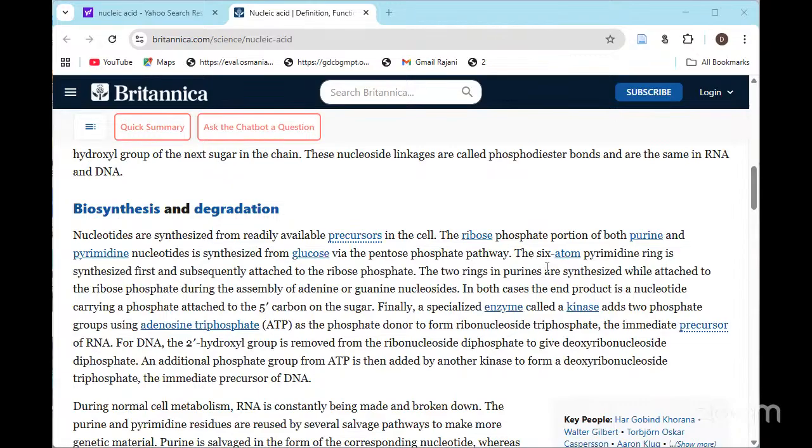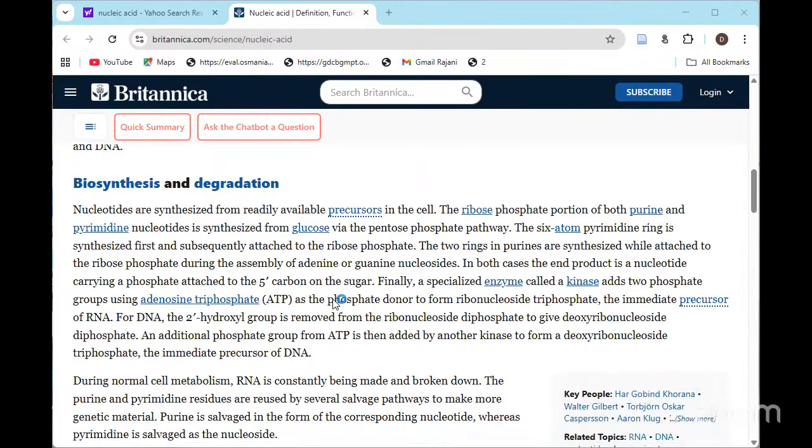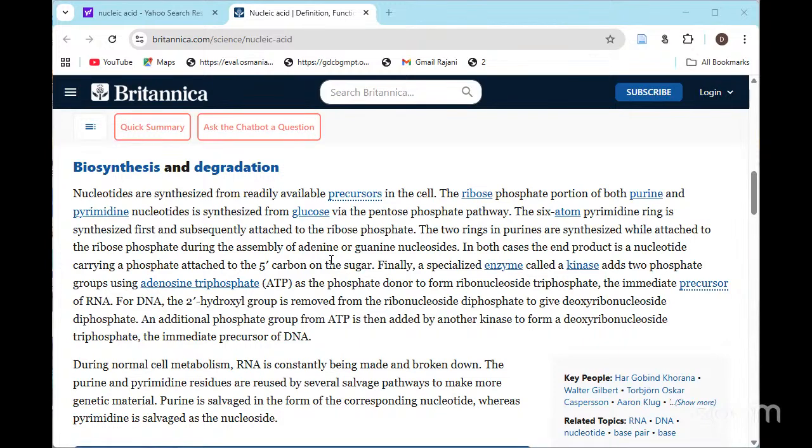The pyrimidine ring is synthesized first and subsequently attached to the ribose phosphate. Finally, a specialized enzyme assembles the adenine and guanine nucleotides.